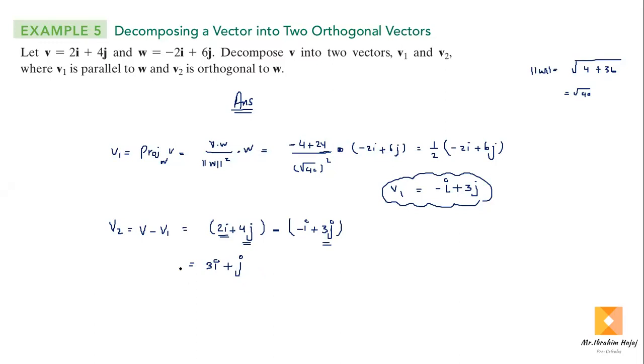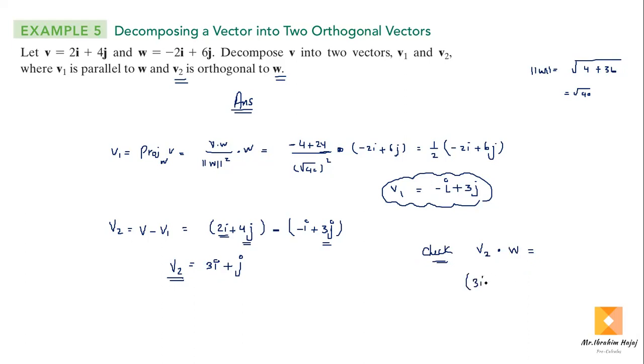Easy here, right? The vector V2 is orthogonal to W. You can check your answer, guys. Let's see whether it is orthogonal with W or not. V2 multiplied by W, is it 0 or not?